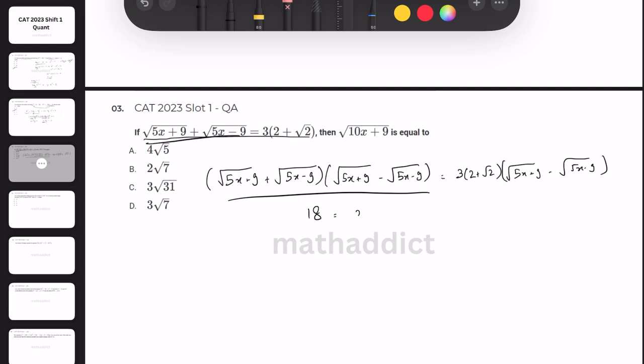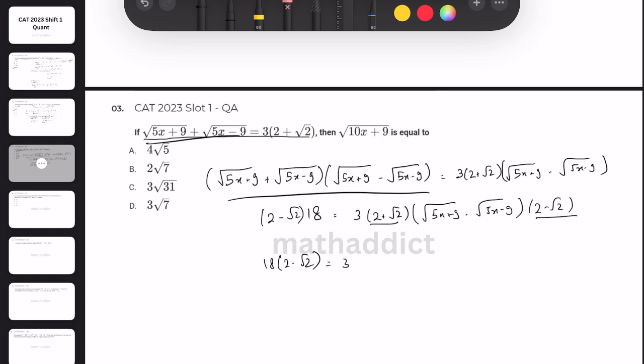And on the other side we have 3 times. So also we'll now rationalize by multiplying 2 minus root 2 on both the sides. So this becomes 18 into 2 minus root 2 equals 3 into 2 plus root 2 into 2 minus root 2, which becomes 2 squared minus root 2 squared, which is 4 minus 2.